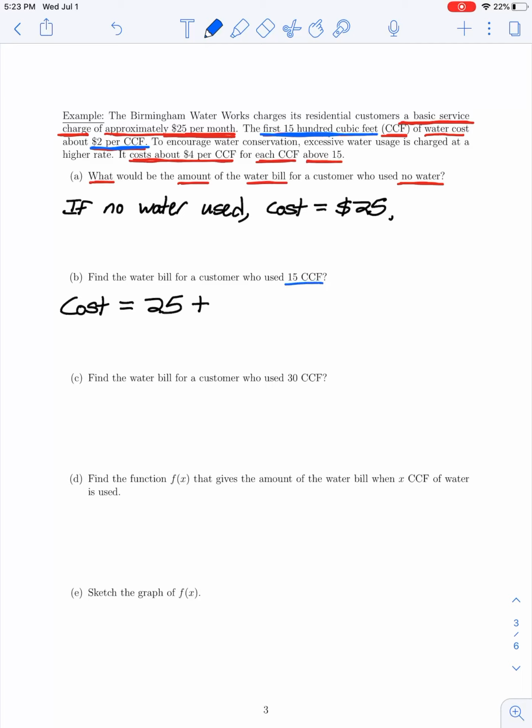So for a customer who is using exactly 15 CCF of water, we would have $2 per 100 cubic feet times the 15. So here, our cost is $25 plus $30, which gives us $55.